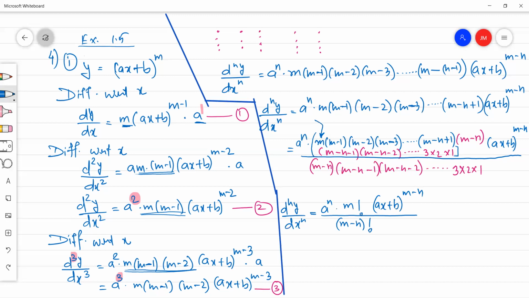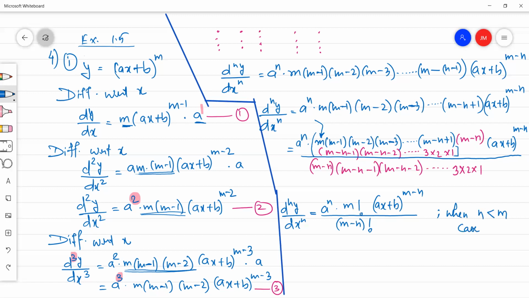And this, you can take this as case 1. That is when n is less than m. This is case 1.